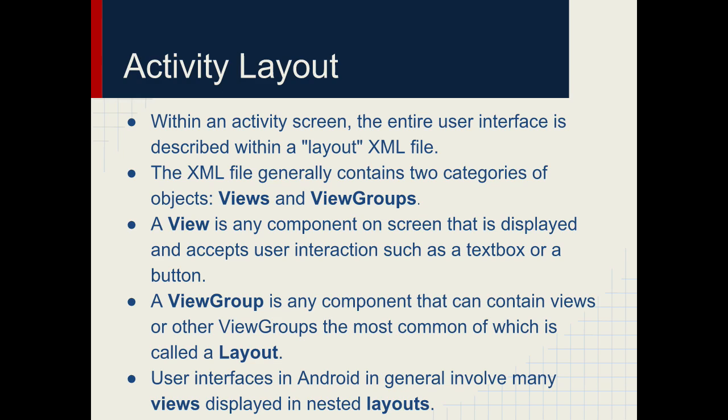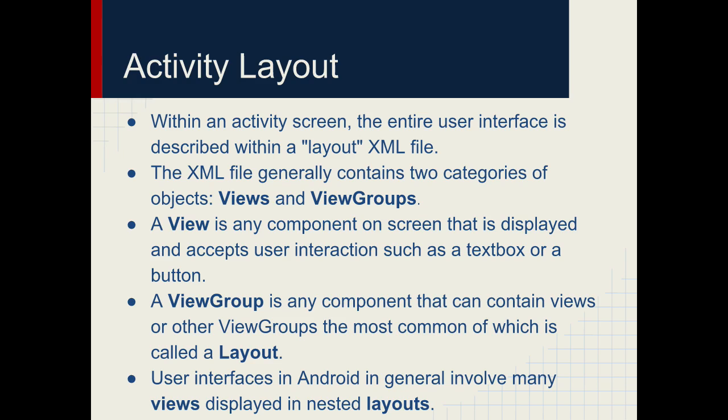So would have loved to have a marker to draw this out, but if you can kind of imagine, a view group can contain other view groups or other views as children, and then views are sort of the terminal node. And so you can imagine this, if you actually look at the XML and you actually draw them out, it'll create like a tree. So what's really important here is actually the depth of that tree, because if you kind of imagine Android behind the scenes has to parse that and draw it, right?